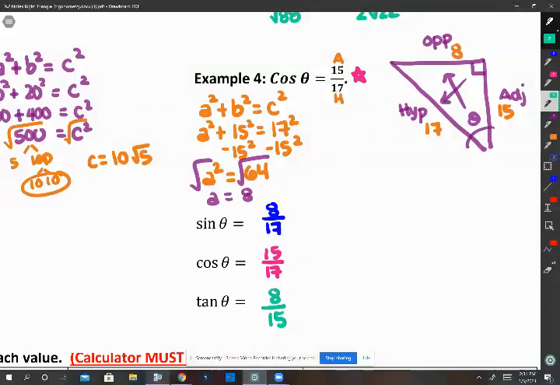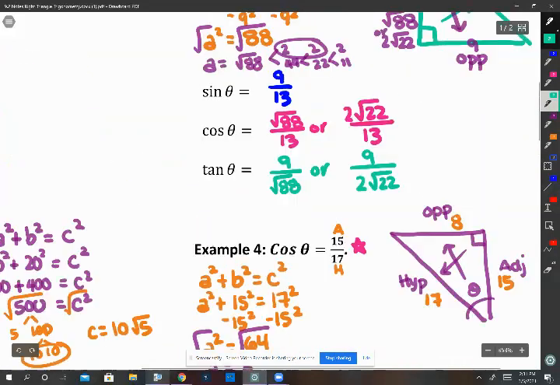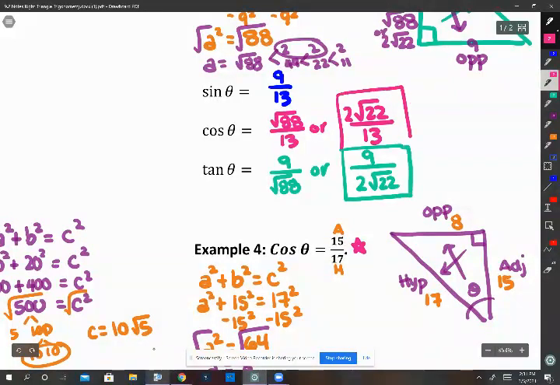So a number over a number, always reduce it. Simplify your radical if you can. Personally, I think that these are going to be your better answers if you have a radical. It might take the 9 over root 88. I'm not positive, but this is a more simplified answer, I should say.